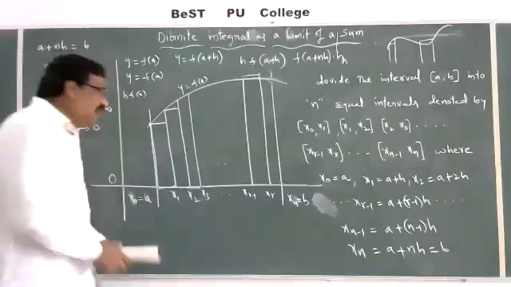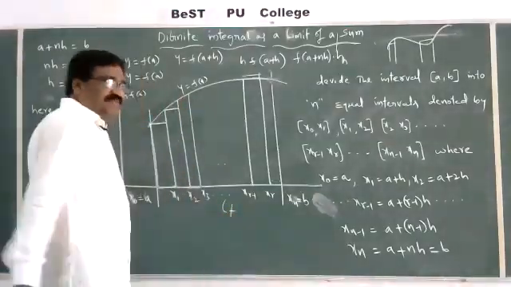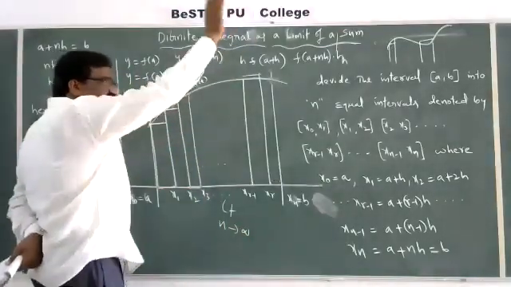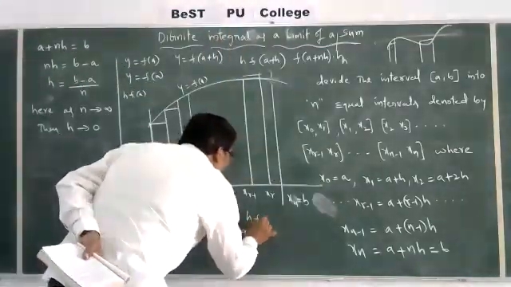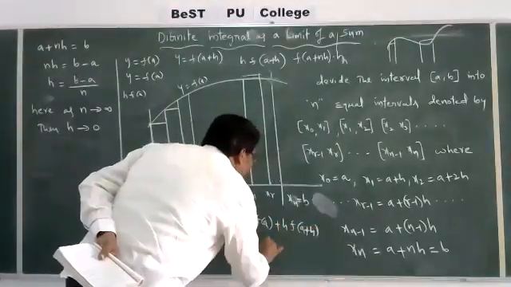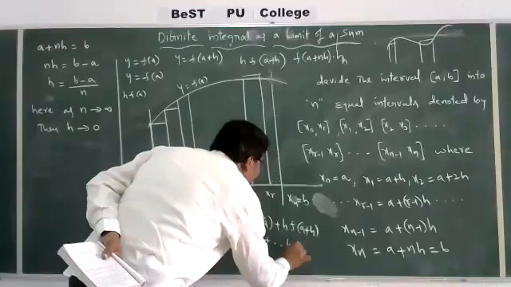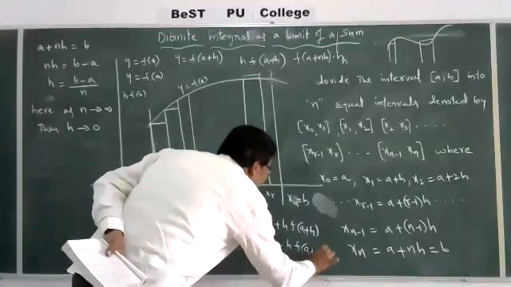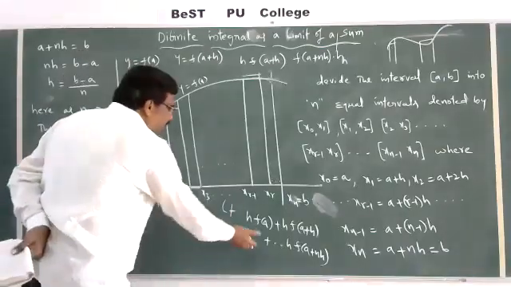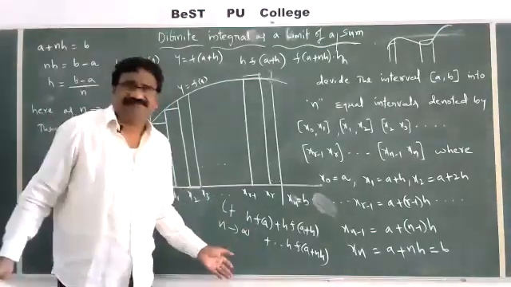That's why you can apply the limit of this sum. Limit n tends to infinity of the sum of these areas, that is h into f of a, plus h into f of a plus h, plus and so on, h into f of a plus nh. Then apply limit n tends to infinity. We don't know what n is.